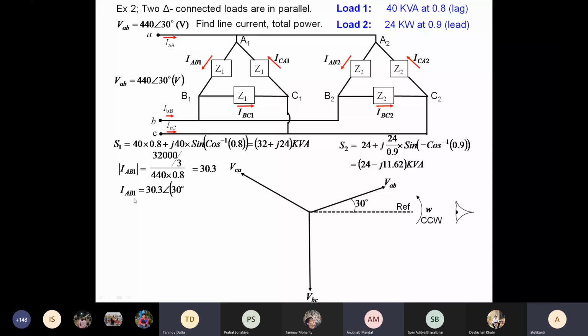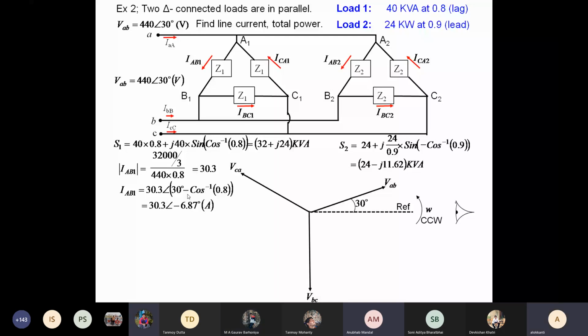The magnitude of IAB1 is 30.3, and the angle is already 30 degrees minus the angle, cos inverse of 0.8, which is 36.87. So 30 minus 36.87 gives minus 6.87 degrees.